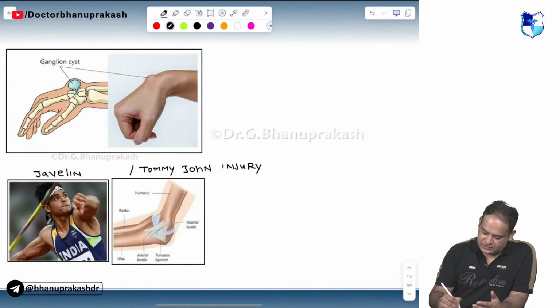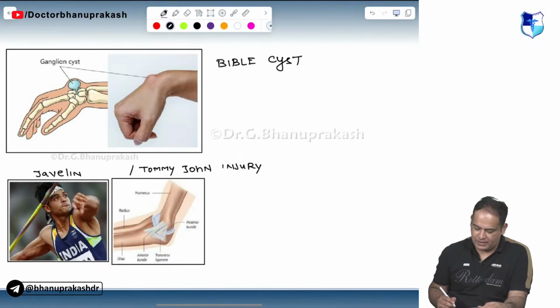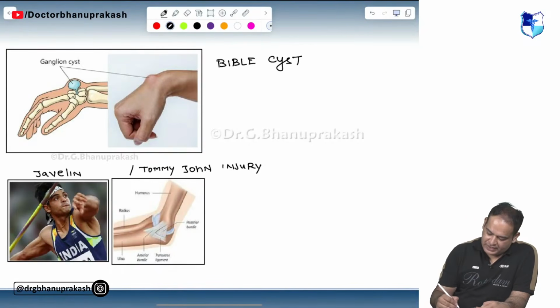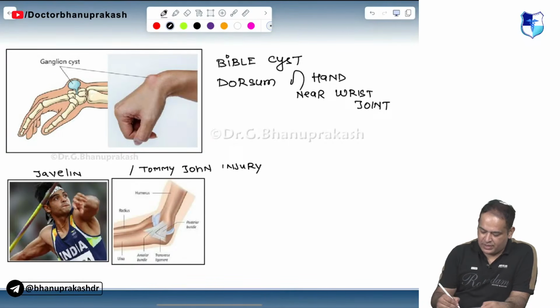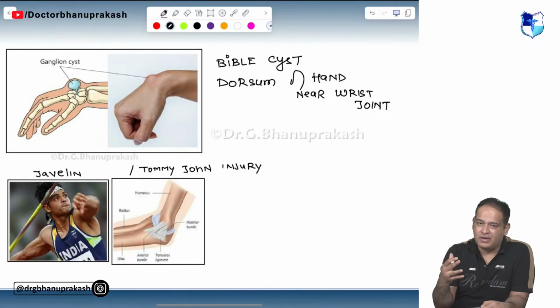Now, ganglion cyst, also known as Bible cyst, right? So, it is seen at the dorsum of the hand, near wrist joint. Now, again, religion is a very sensitive matter, but why is it called Bible?